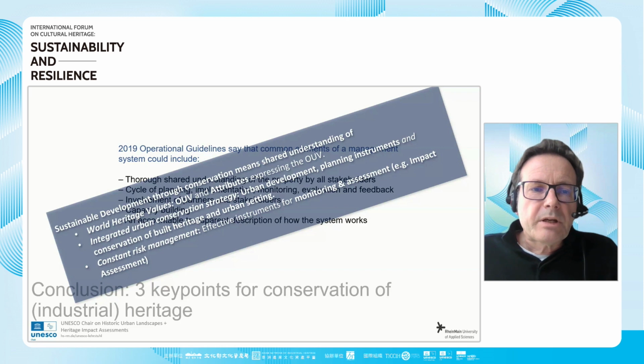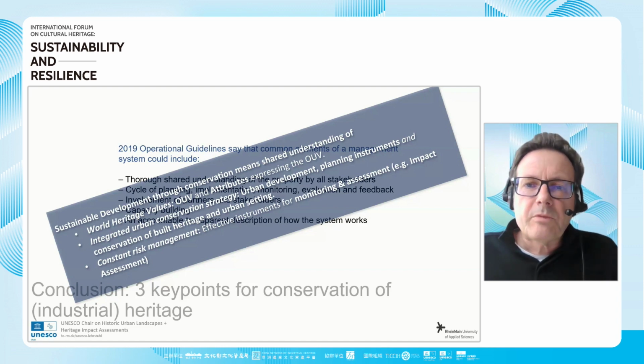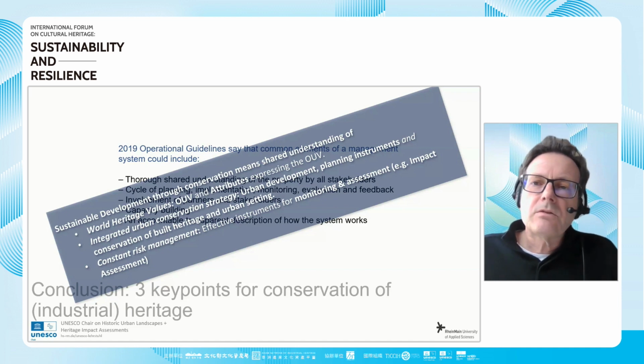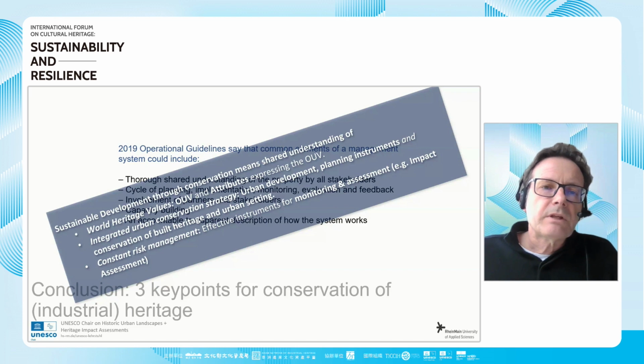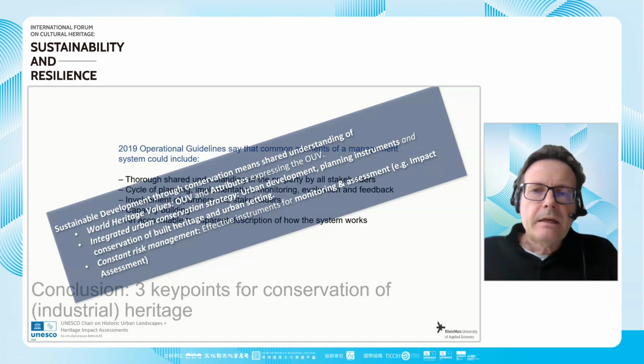Also, it is necessary, in my opinion, to integrate urban conservation strategies, also on industrial sites, at least if they are as large as Zollverein, into urban development strategies, into urban planning instruments, and also the conservation of built heritage and the urban setting.